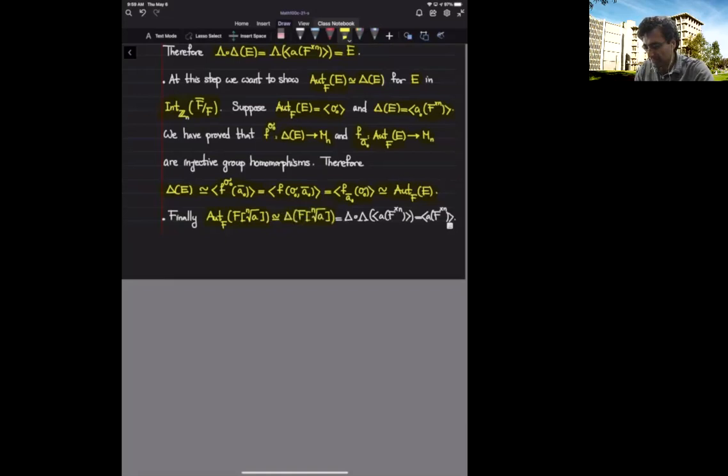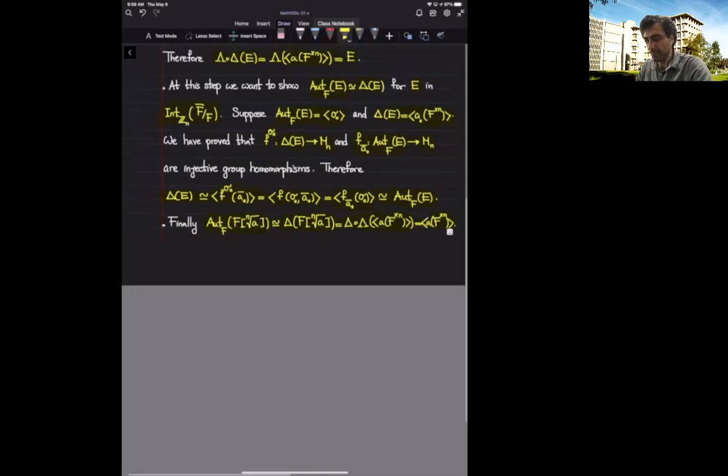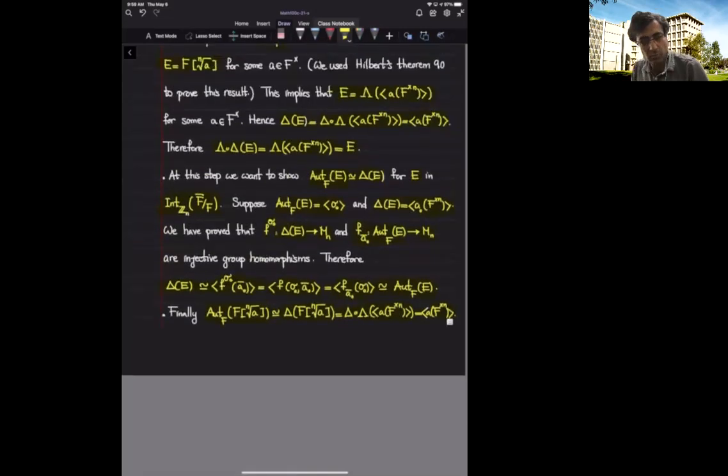But this field itself is lambda of the cyclic group. So it is delta ∘ lambda of the cyclic group, but delta ∘ lambda is identity. So it is the cyclic group generated by the coset represented by A, and that's exactly what we wanted to show. So altogether, we are done with the proof of Kummer theory for the cyclic case.